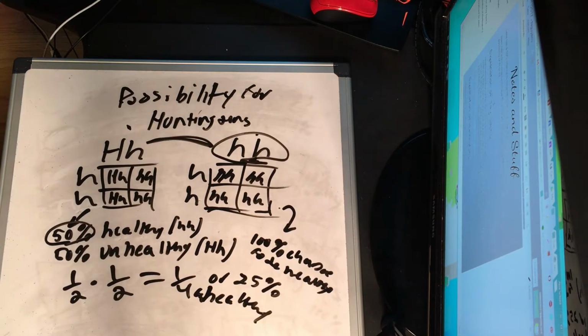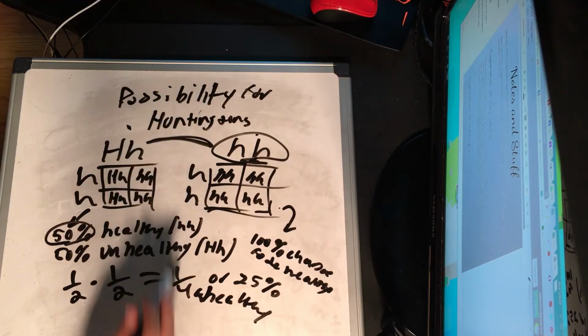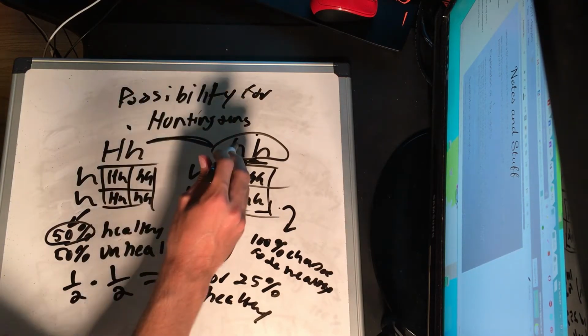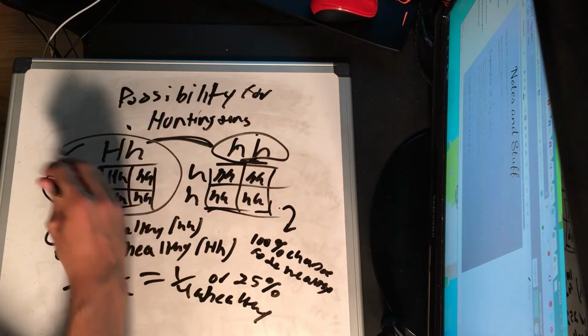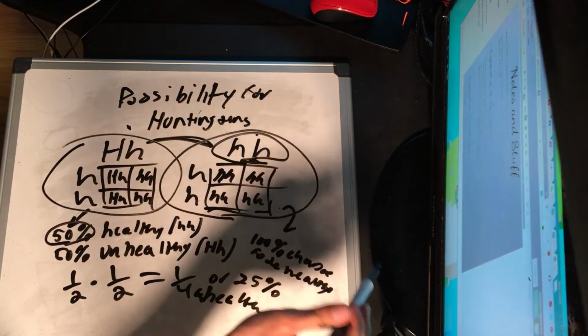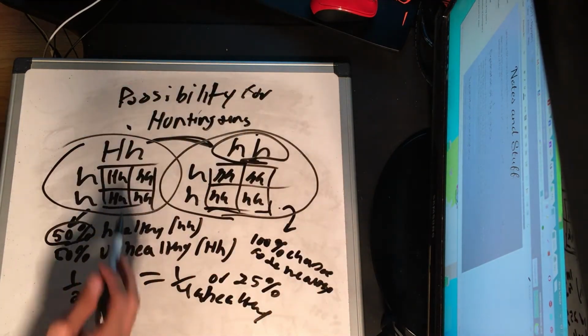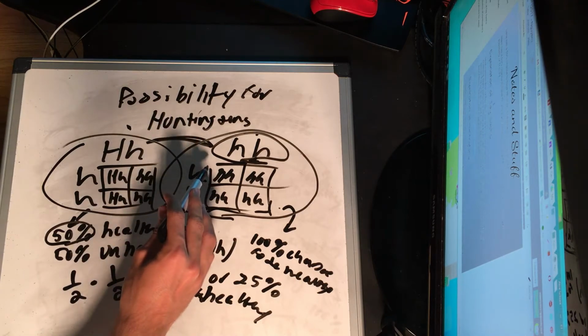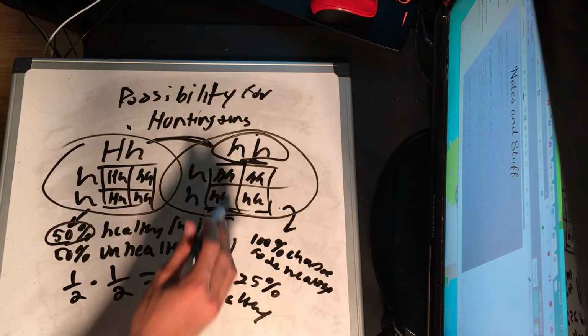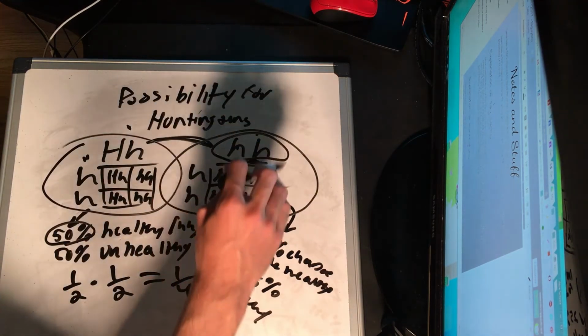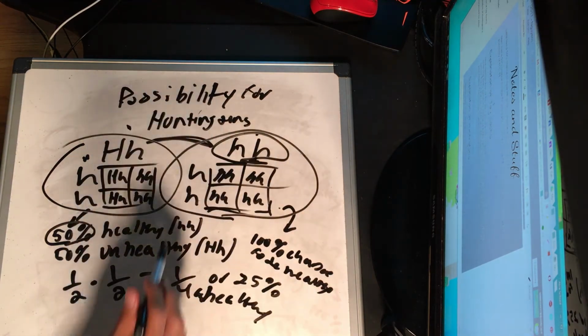Okay, so to explain that more precisely, the Punnett square right here determined that the chance between this and the chance between that is 50-50 for each one. So assuming that she's going to be unhealthy, you'd have to go to this chart, because this is a 100% chance that the child is going to be healthy.